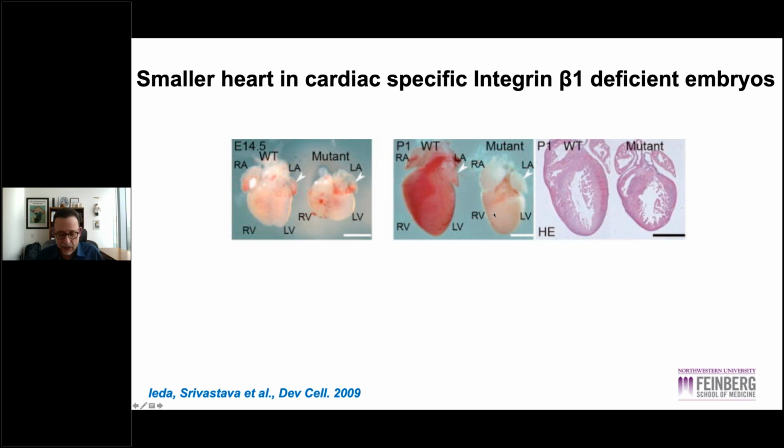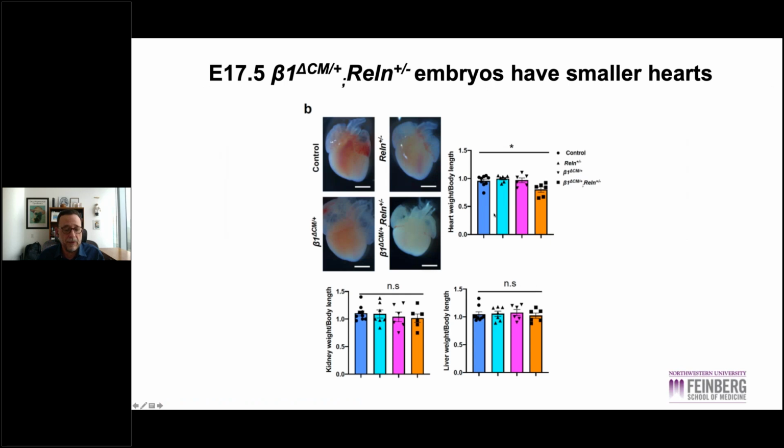That was really suggestive that this could be the pathway. And indeed, Shirley was able to generate the double heterozygous mutants and showed that in this case it is the same. The heart is smaller, only the heart, but in other organs the size is absolutely normal.